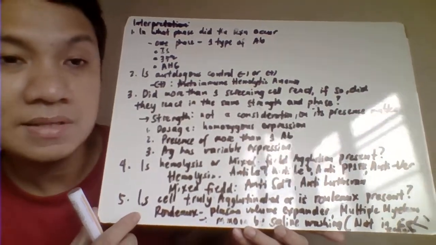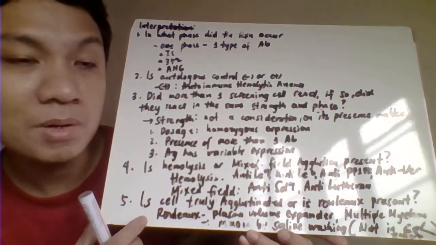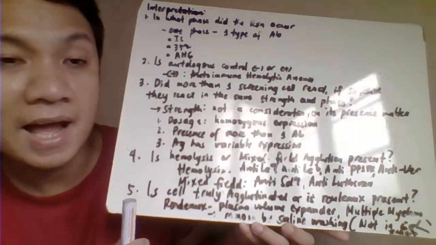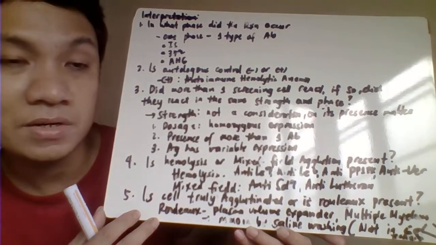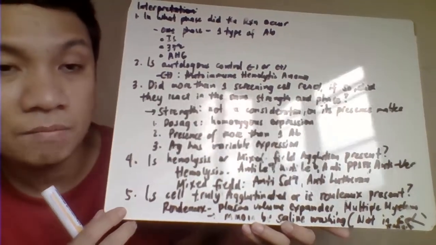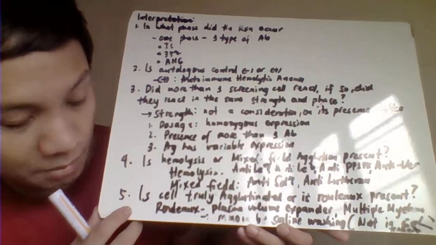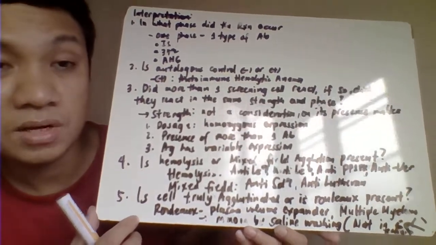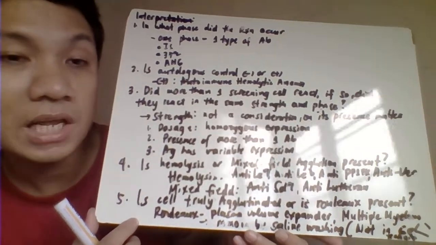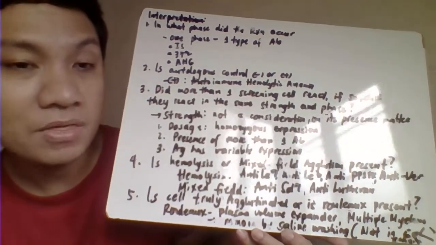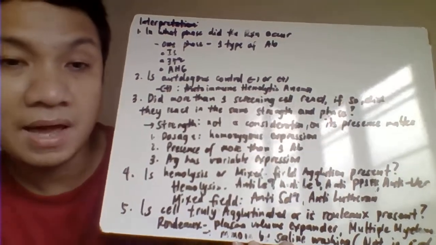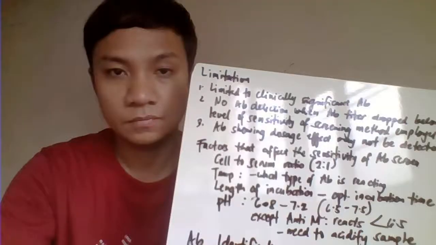But actually, it's not. It's just related to increased plasma protein. And since hindi ka nag-wash 3 times ng saline washing in the gel technique, you could encounter the problem here with regards to your true agglutination versus your pseudo-agglutination with your gel technique, but not with the tube method, not with our solid phase adherence technique.